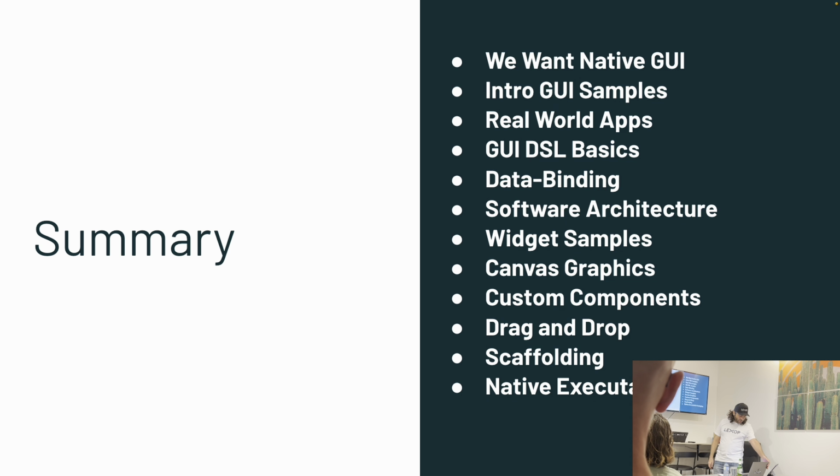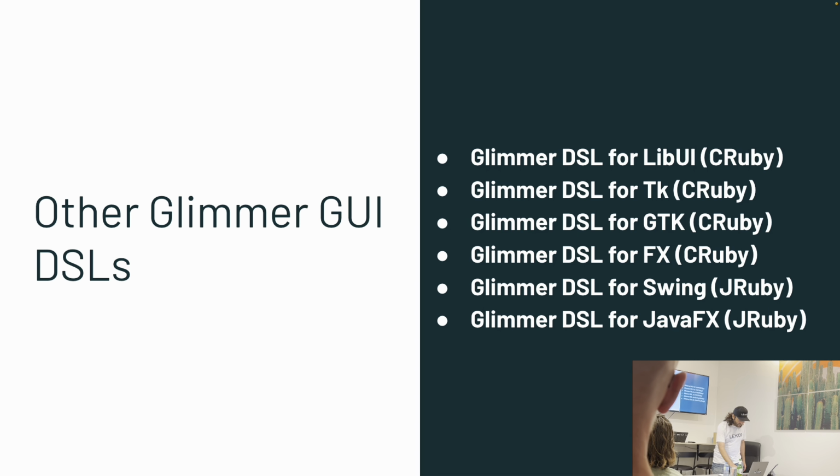I gave you a survey of all the widgets, and then we went through Canvas graphics. And finally, how to build custom components, how to do drag and drop, how to scaffold an app from scratch, and last but not least, how to package an app as a native executable. So that's pretty much it.